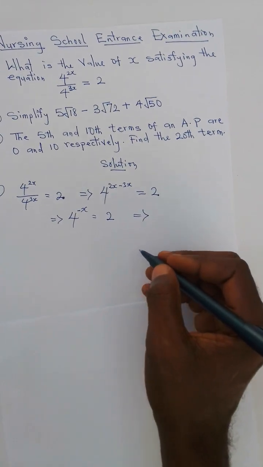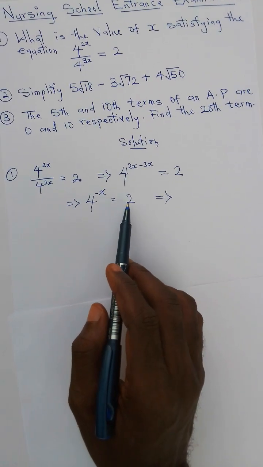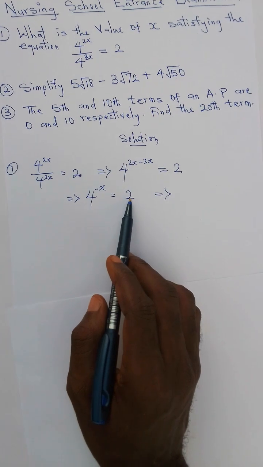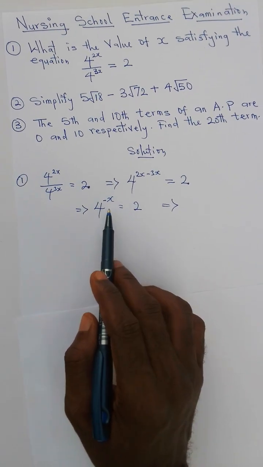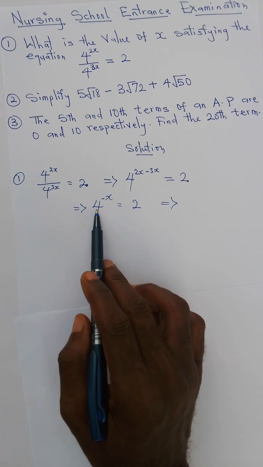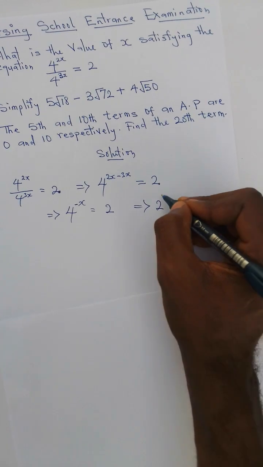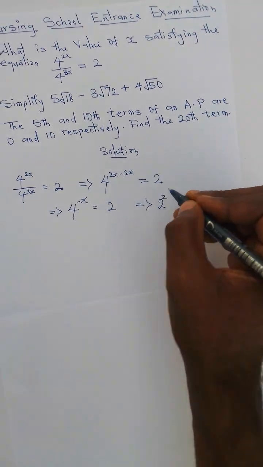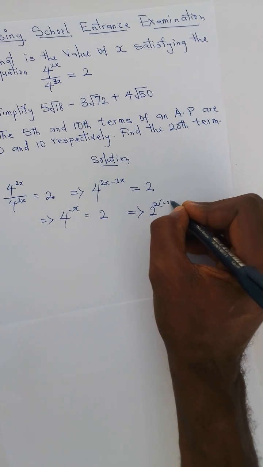So that will give us, now at this point, we are going to bring this 4 to equal base with 2 here. So we'll bring this 4 down to base 2. Now to bring 4 down to base 2, we are going to say 2 raised to power what is 4? That's 2 raised to power 2 is 4. And don't forget that these 4 have minus x.